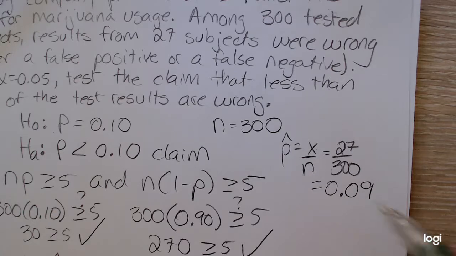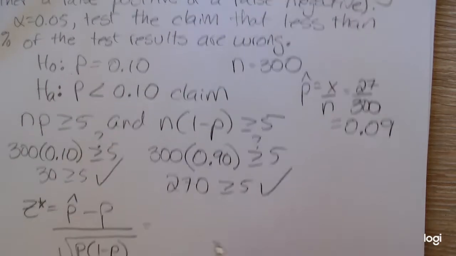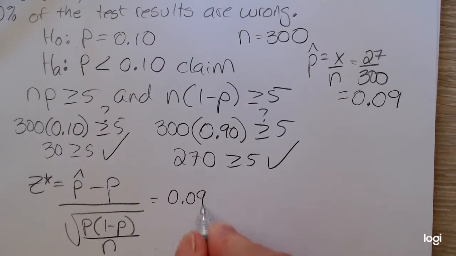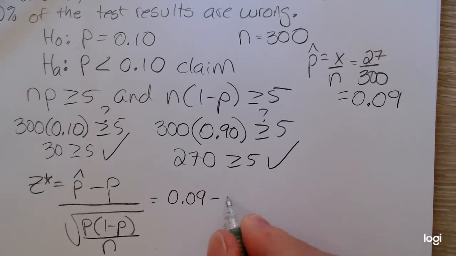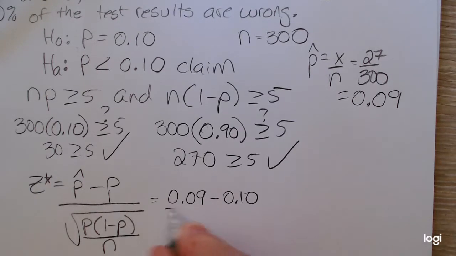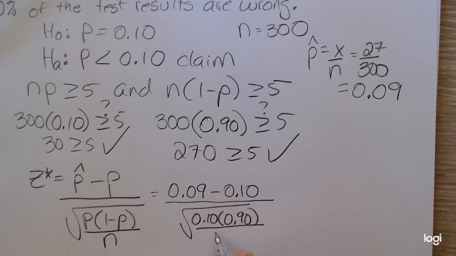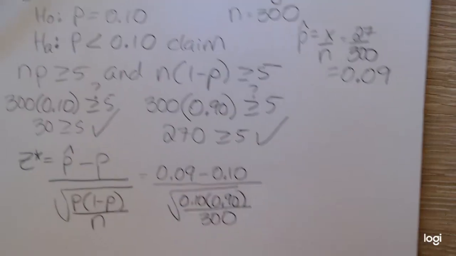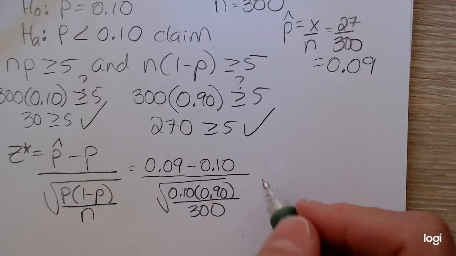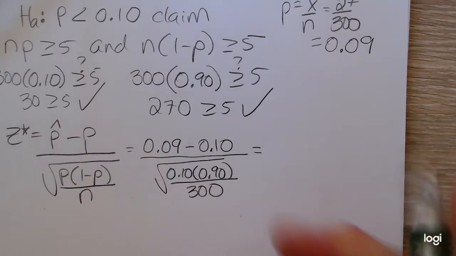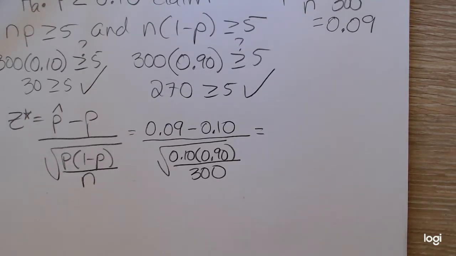So here's what's observed from the sample, 0.09. And the claimed value is 0.10. And that's going to be over the square root of 0.10 times 0.90 over 300. Our sample size was 300. Now I expect my standardized test statistic to be negative in this situation.